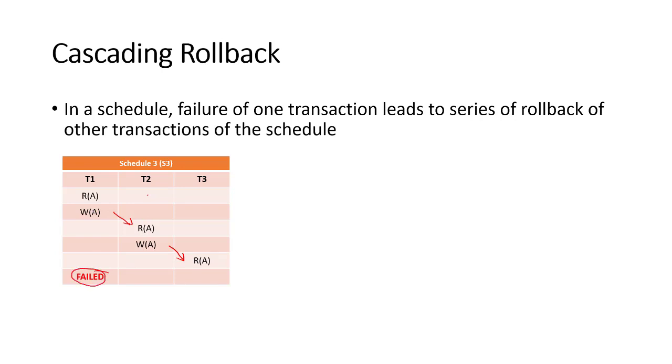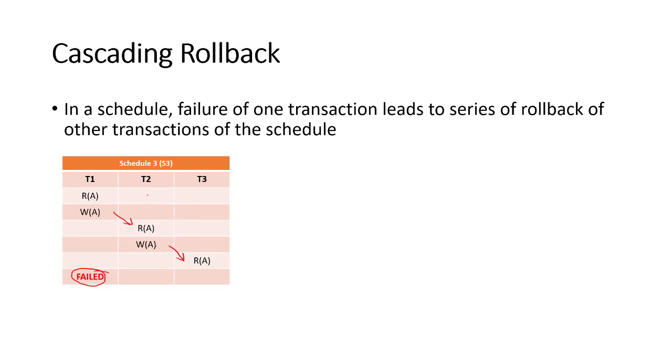Now if there is a failure in this position, we need to roll back all the operations of T1. So this write operation will be cancelled, and this read operation will be cancelled. But as T2 is reading the data item of T1, cancelling this will cause T2 to be cancelled also.